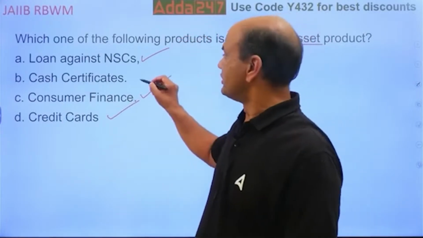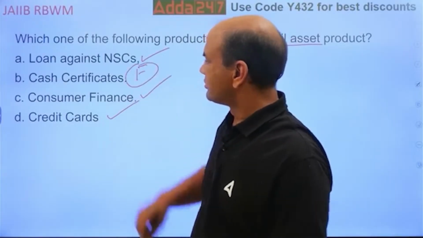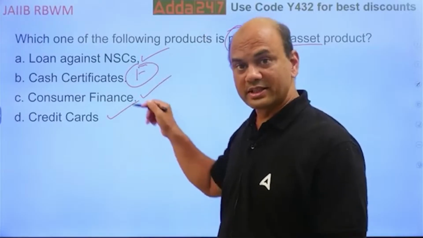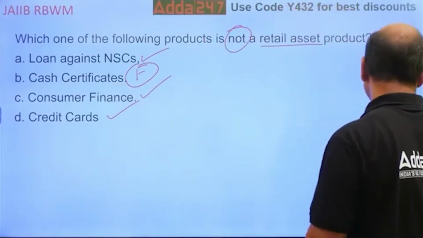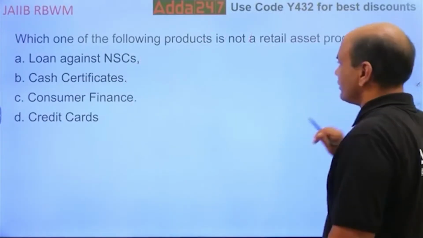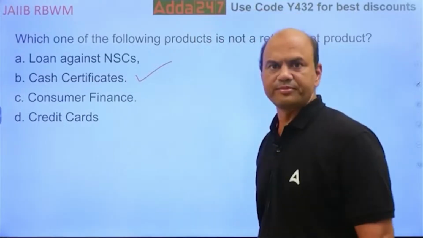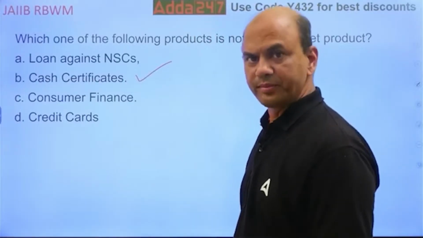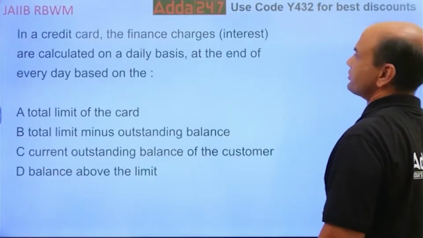So this is false, and you wanted this only. So the actual answer is B. All these are retail asset products. So we'll take this as the correct answer. Cash certificate. It is not a retail asset product.